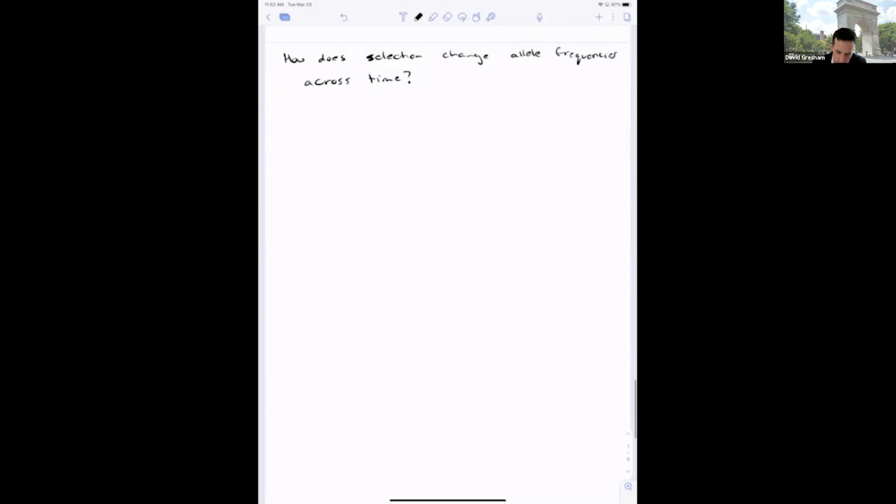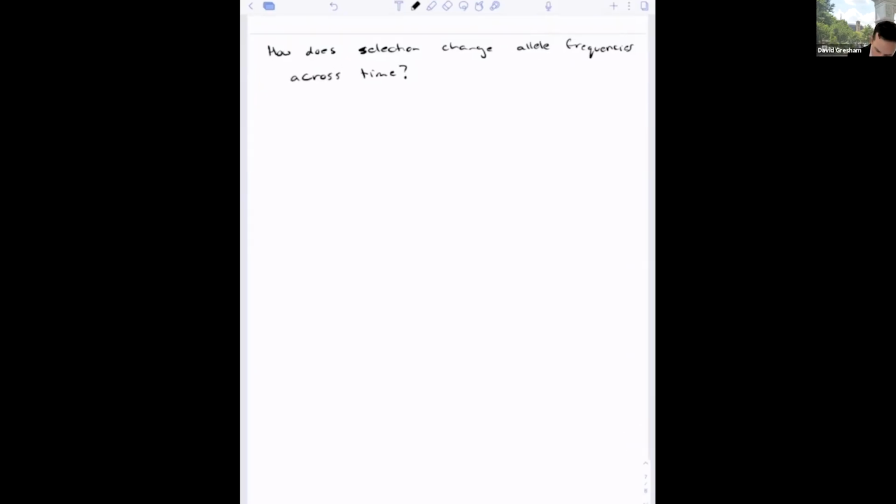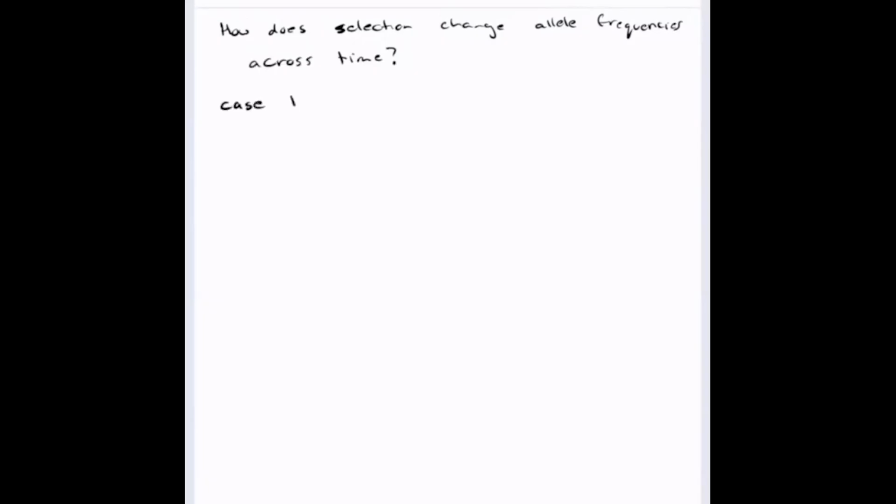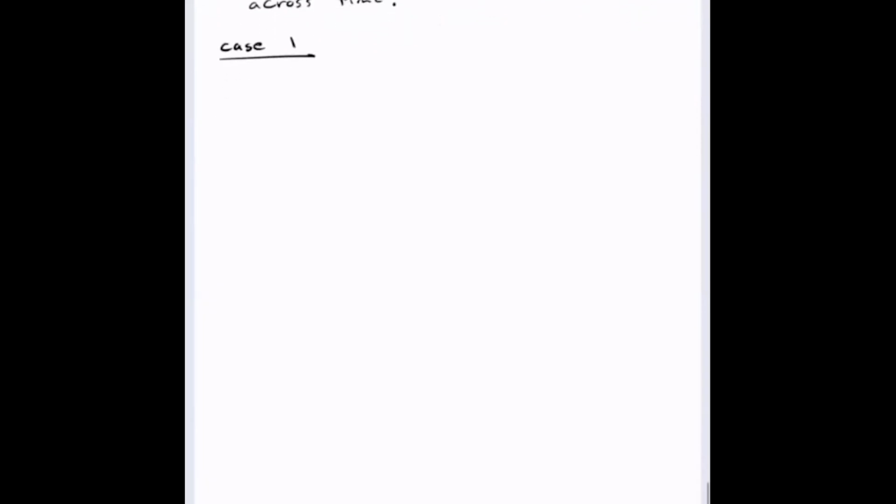Let's imagine here in our first case, case study one, a population with p equals 0.1 and q equals 0.9 that is in Hardy-Weinberg equilibrium.